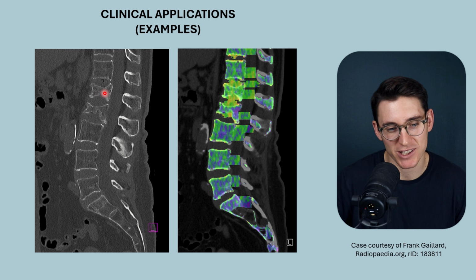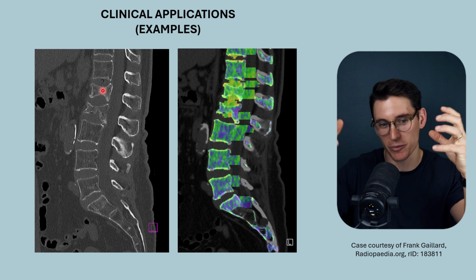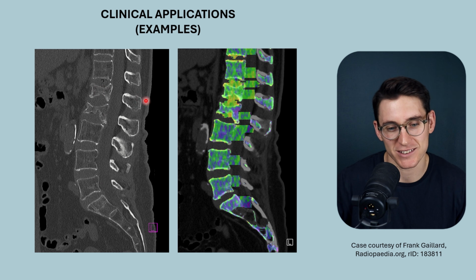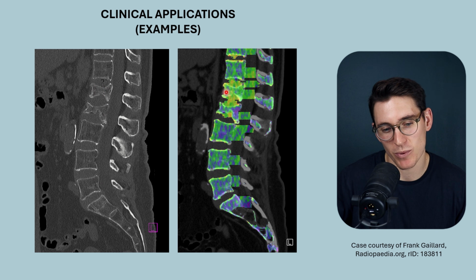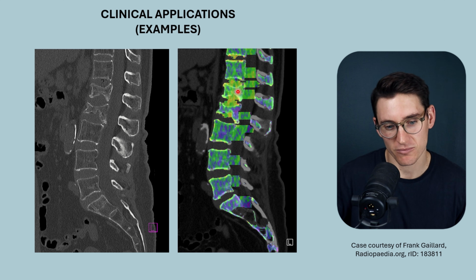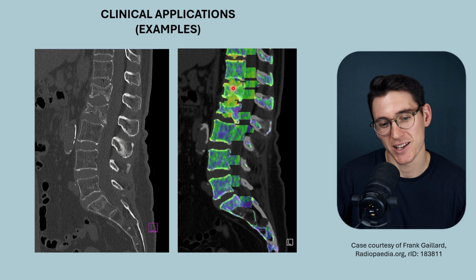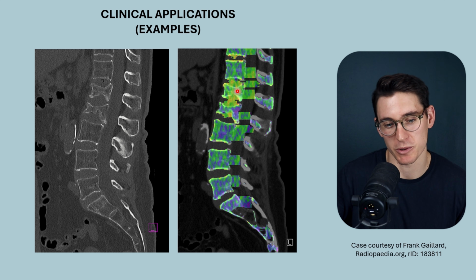We can take out the contribution of the calcium from the trabeculae here and figure out attenuation changes to see whether that attenuation change is based on normal bone marrow, see this blue signal here, or whether there's potentially acute edema. Like we can see in this vertebra here, we can suggest that there's perhaps an acute on chronic fracture here in this vertebra because we've got bone marrow edema here, whereas this looks like more a chronic process.